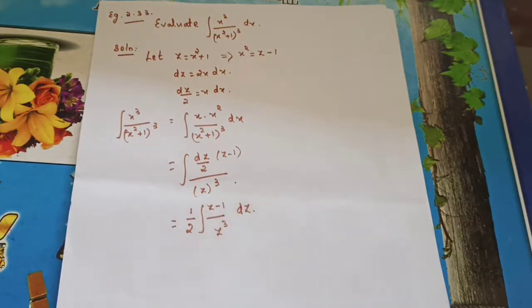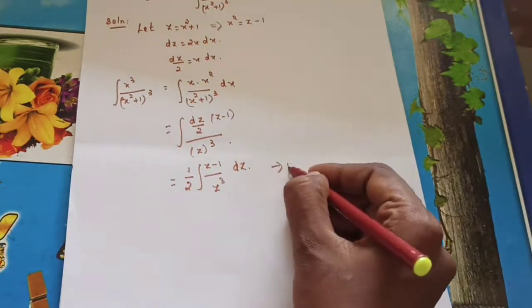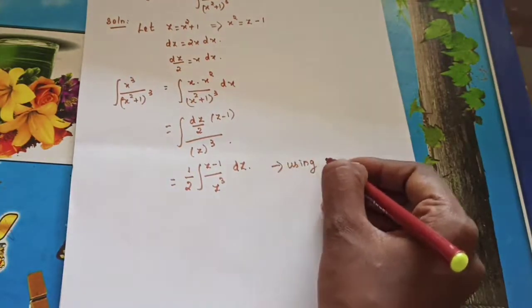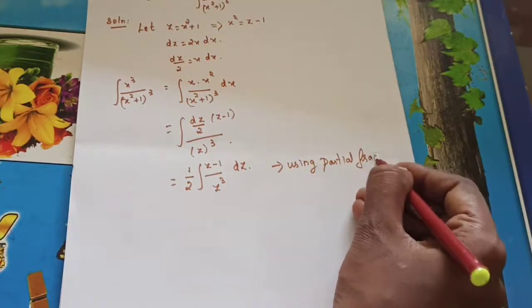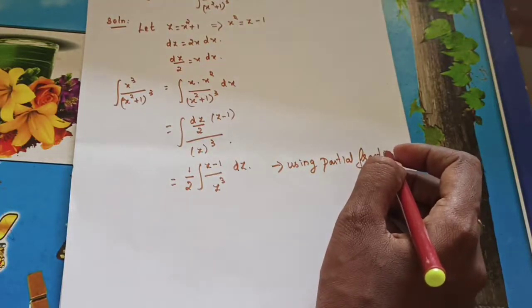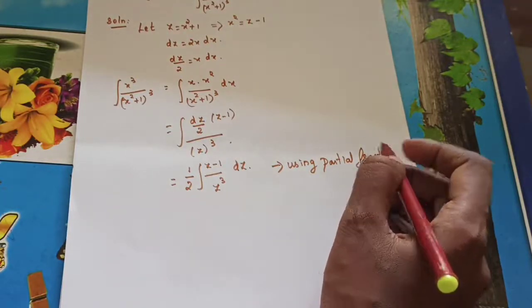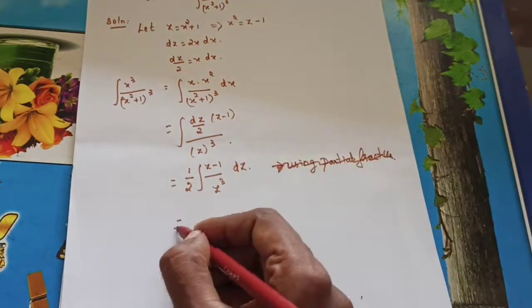Now we are going to use partial fraction. You know how we will use the partial fraction, is it right? How we will split. Sorry, here apart from that you can do, that is we can split it and do.